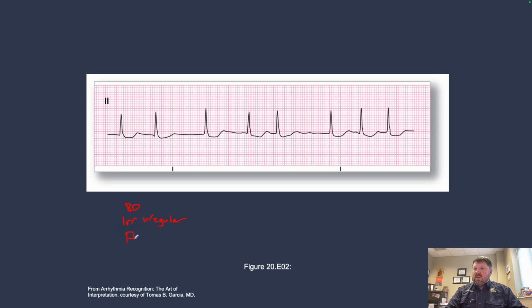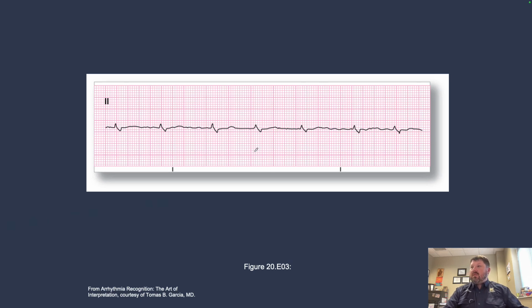My P wave is absent. My PRI we can't get. And my QRS looks like it's within normal parameters. But because it's irregularly irregular, we have absent P waves, and it would be a fibrillating baseline. We have atrial fibrillation.